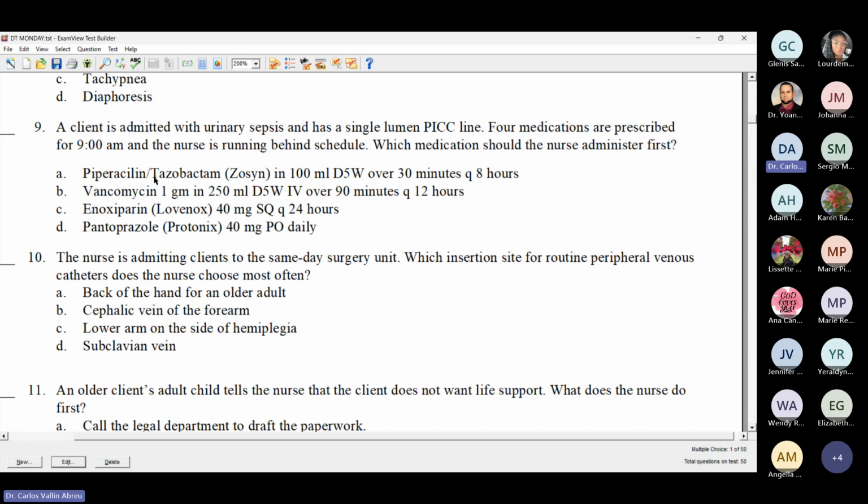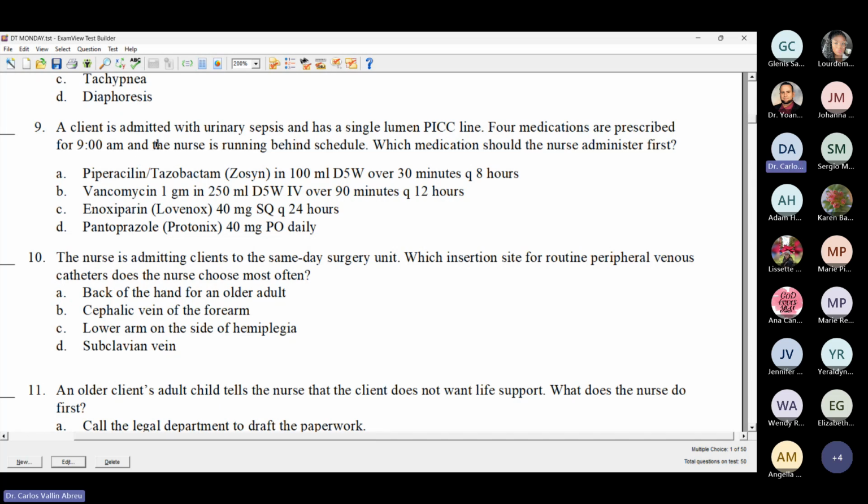But then it's combined with a substance, tazobactam, that prevents the penicillinase, the enzyme that destroys the penicillin ring, okay? The enzyme that gram-negative bacteria produce to destroy the penicillin molecule, that is called penicillinase, is inhibited by the tazobactam.